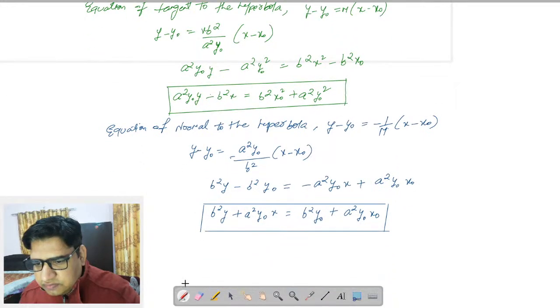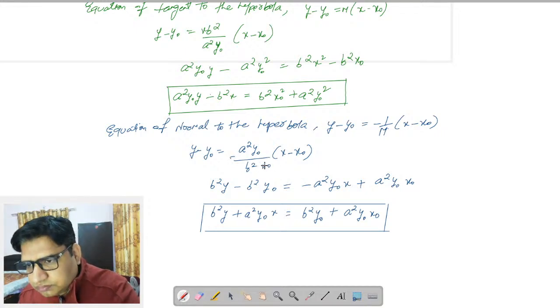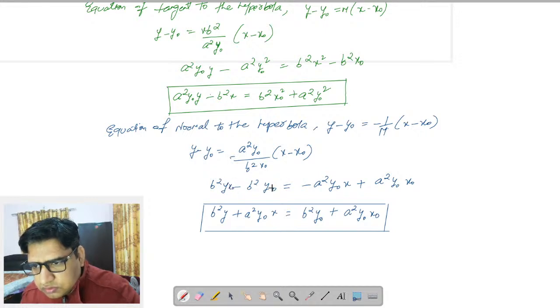Similarly in the case of the hyperbola, that will be x naught here, b square x naught. So b square y x naught, and this will be b square y naught x naught.